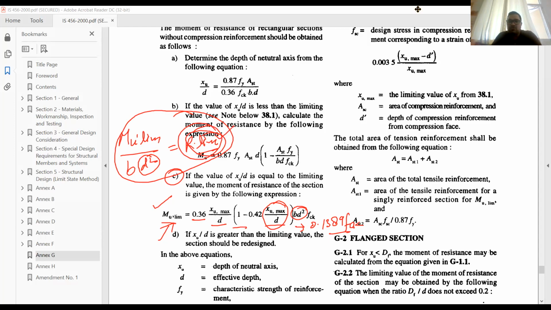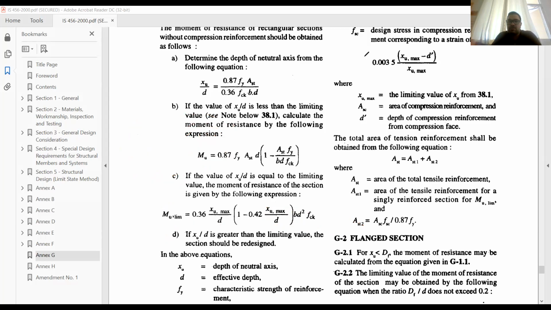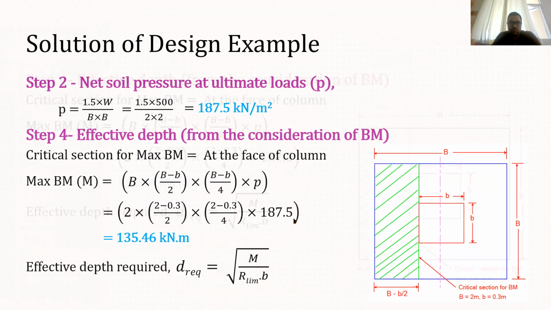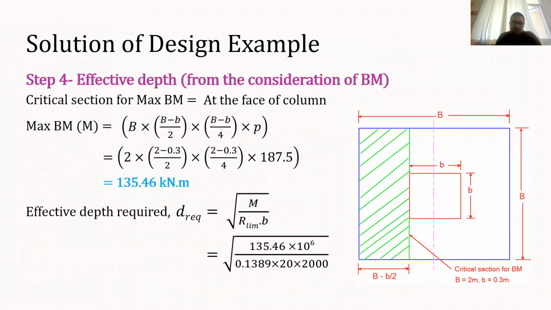So now again going to the slide. Here, putting the value of R limiting as 0.1389 fck, and we know that we are using M20 grade of concrete, so the fck value will be 20, and this will be capital B, and B value is 2000, which is the side of the footing.